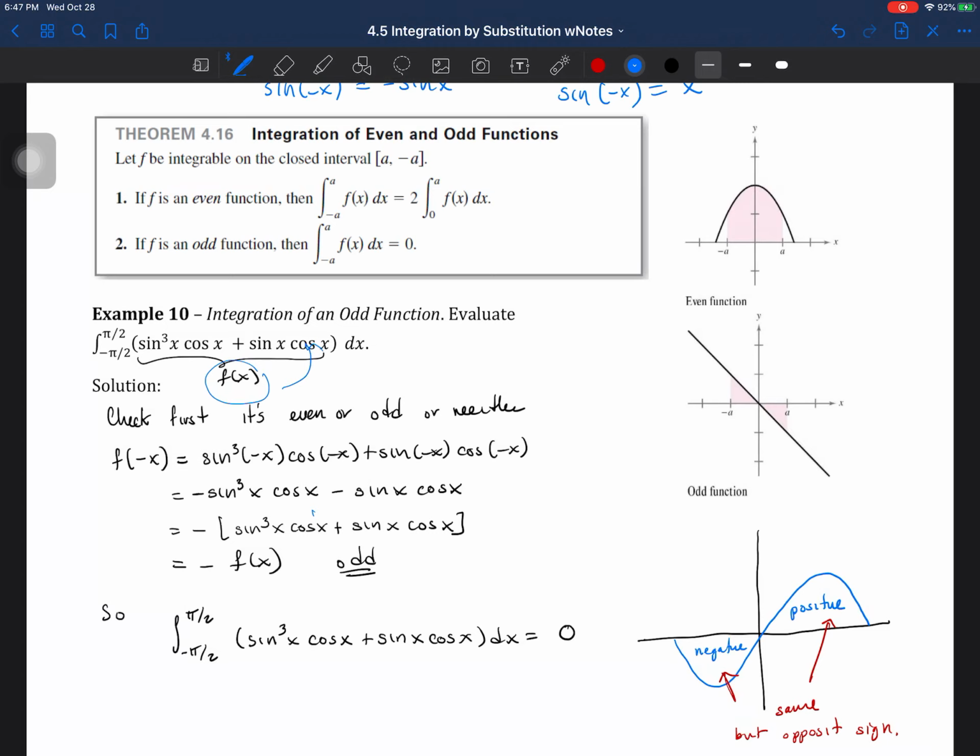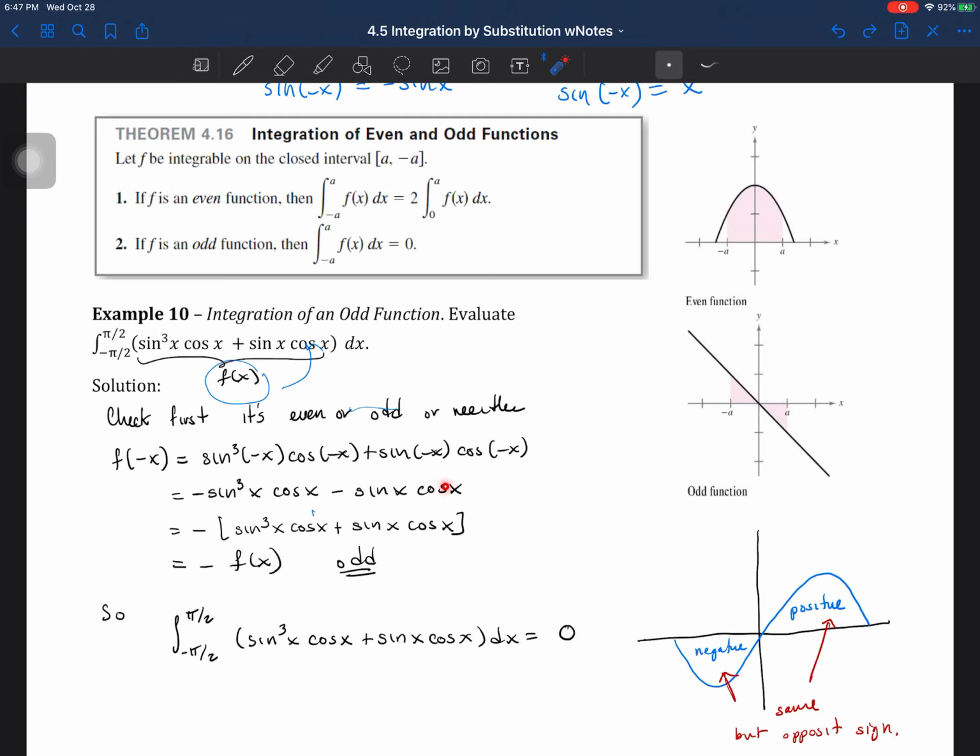So let's check if it's even or not, right? We're going to plug in negative x for every x that we see. Then we check whether they're even or odd. Sine of negative x is going to be negative sine of x, because sine is odd.